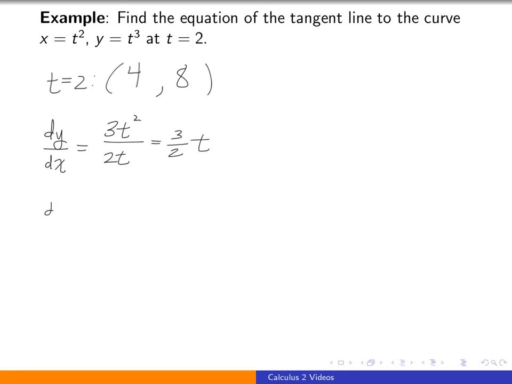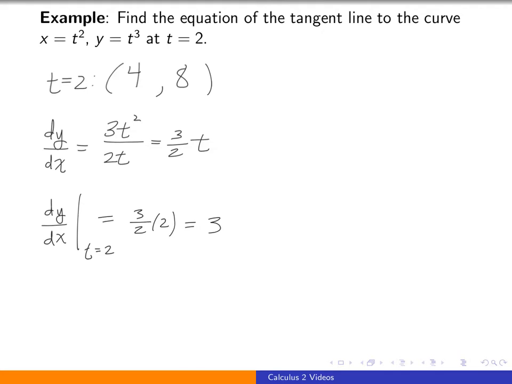And the slope of our tangent line is going to be the derivative dy dx, where we evaluate this at t equals 2. And note from a notational perspective, when we see the vertical bar subscripted with a value t equals 2, that is telling us to take this t value 2 and plug it in. So this would be 3/2 multiplied by 2, which is equal to 3.